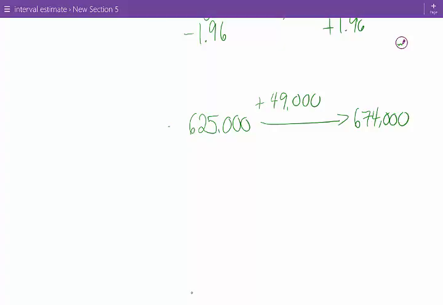And we're going to subtract a margin of error. And when we do that, that's going to give us 576,000. So our interval estimate is somewhere between 576,000 and 674,000.